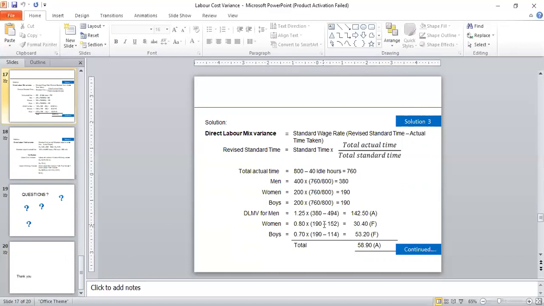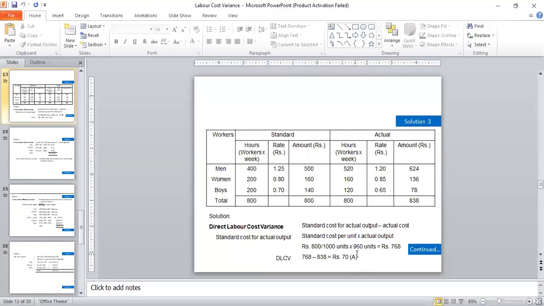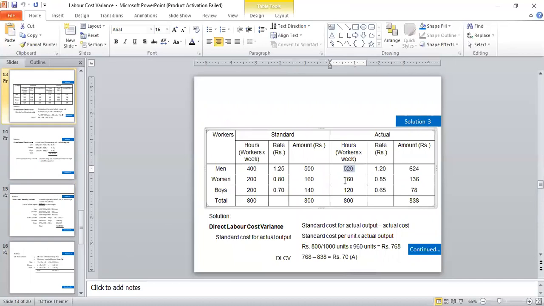Here again we have the 0.80, revised standard time is 190 and actual time is 152. We can see it from the table here. Actual time is 520, 160 and 120.